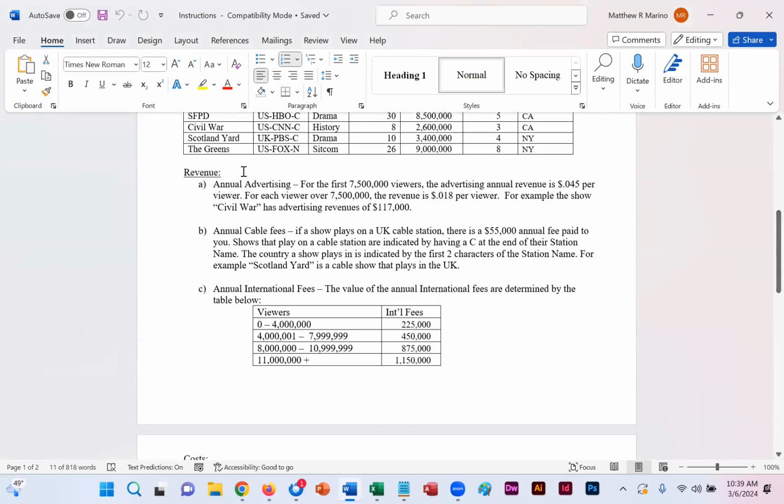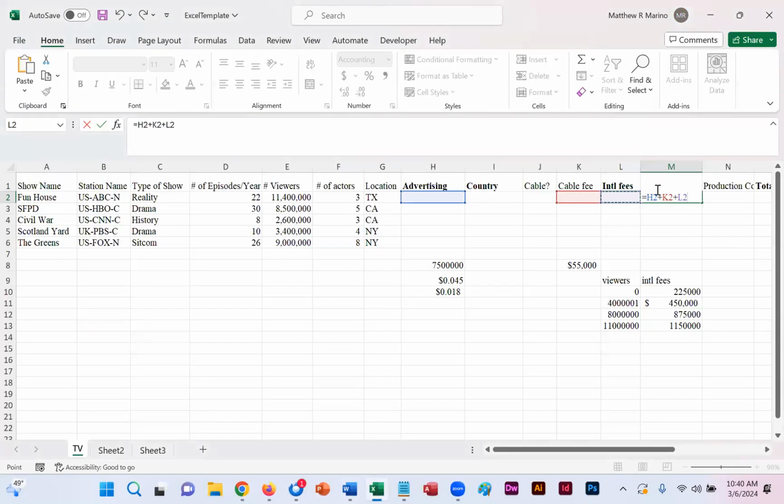And then the instructions there on what we need to calculate revenue. And that's for total annual revenue. Yep. That's for this total annual revenue here.